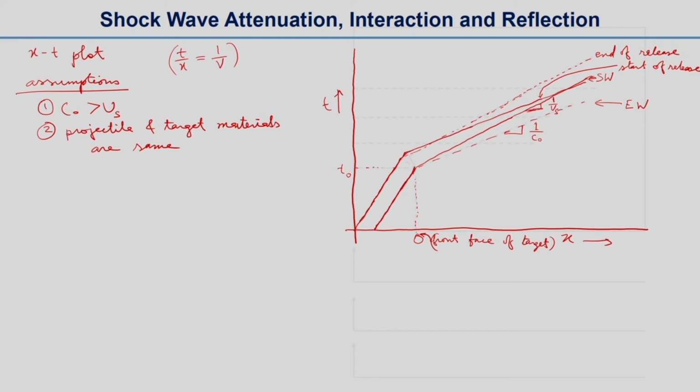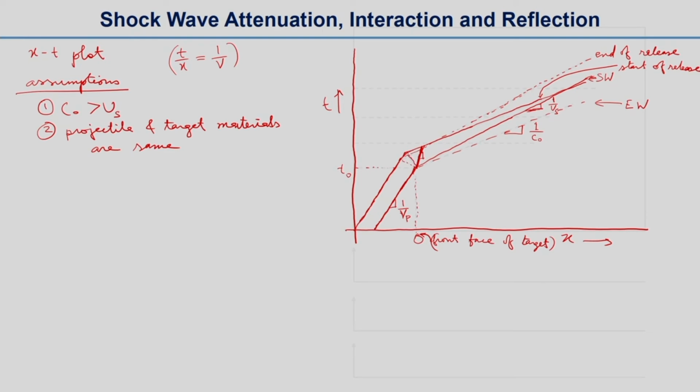Now, we know this is the velocity of impact, the inverse of this slope, Vp, velocity of the projectile, the same as the velocity of impact, and then after that this will be reduced. It will be reduced like something, and the slope will be higher, and that means velocity will be reduced. But anyways, we are not focusing on this part.